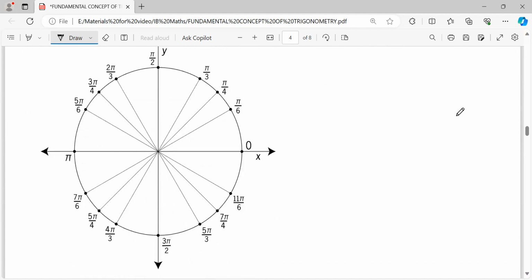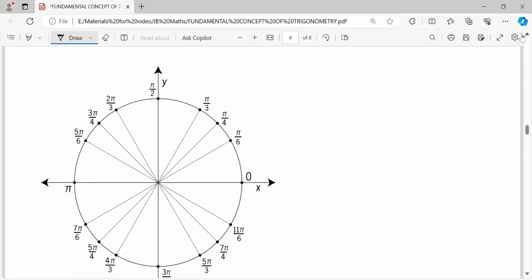Okay, next for pi, or 180 degrees. Here x equals negative 1 and y equals 0, so the coordinate point is negative 1, 0.